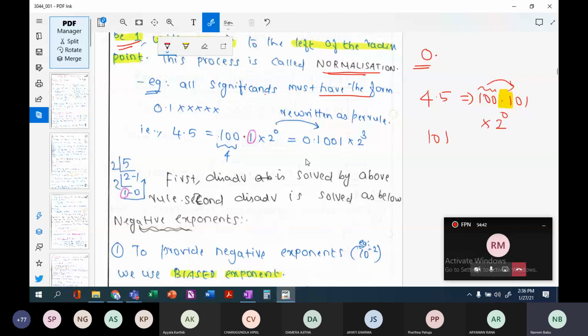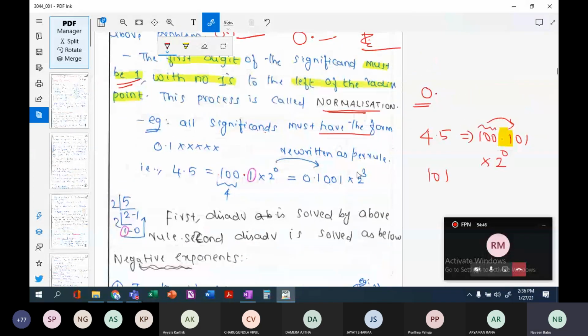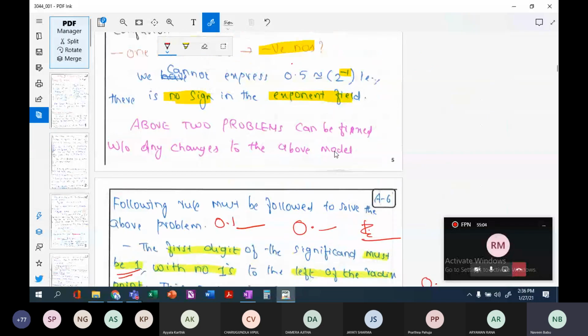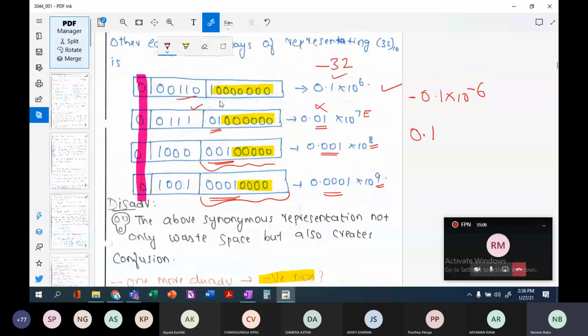Right. So now what will happen? What is the first disadvantage? That is, we are using all possible spaces here. The first disadvantage is solved by the above rule, which means that previously we just had 0 point something, and we had so many spaces getting wasted here, right?